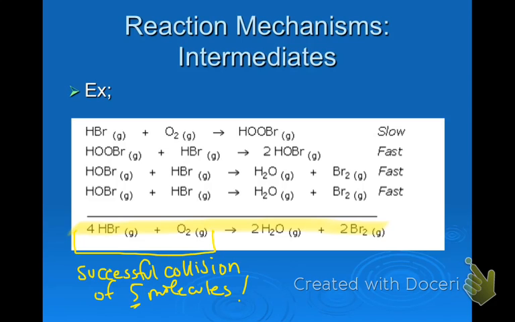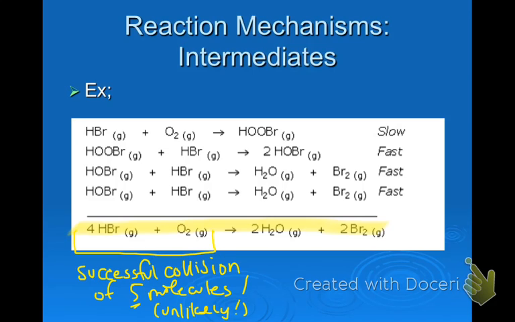And that is really unlikely to happen. So because you have more than 2 molecules that have to collide successfully, that is a really solid indicator that this reaction is going to take place in a series of steps.